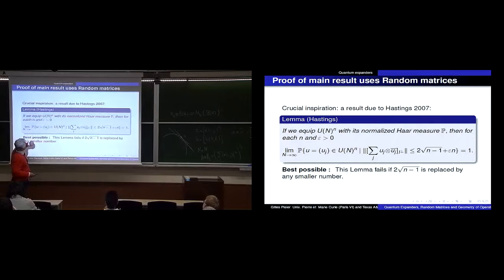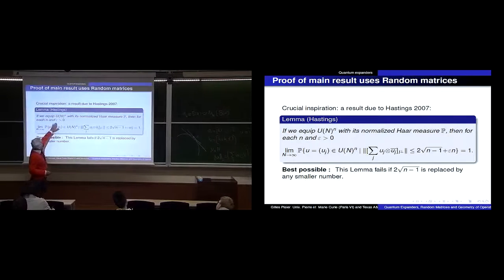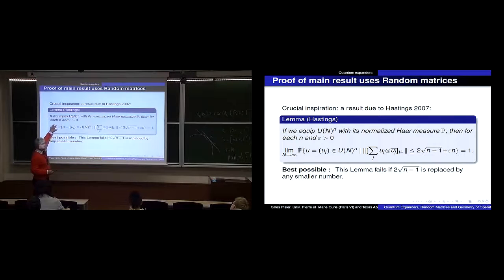So what he has is this: for any epsilon positive, if you take the uniform measure over n-tuples of unitary matrices, so you use Haar measure on the unitary group, and you take your little n unitaries independently picked at random, so you look at the product of n copies of the unitary group U_N, you look at the Haar measure on this group, and then you obtain that when capital N tends to infinity, the probability that you have, it's a very precise result, this bound for the crucial operator is 1.